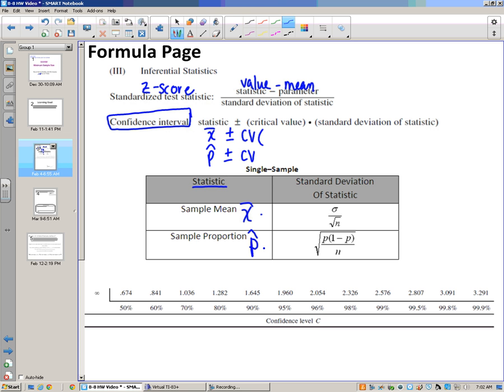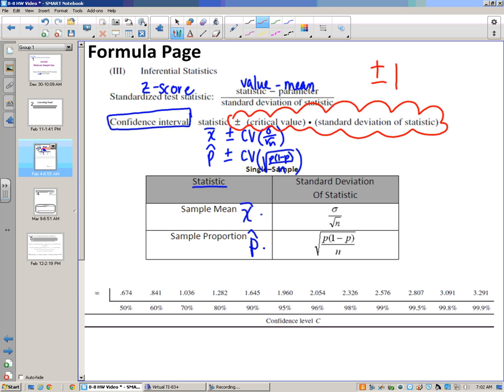Now, if it's the mean, the standard deviation is sigma over the square root of n. If you're talking about proportions, it's the square root of p times 1 minus p over n. A reminder, on your formula page, this plus or minus is your margin of error. Your margin of error is not given to you in words.